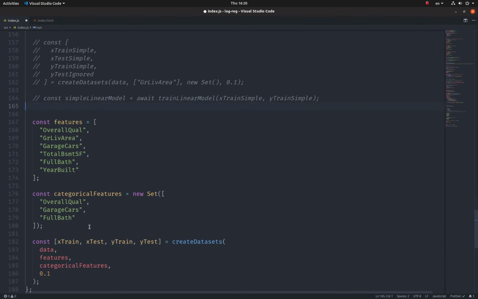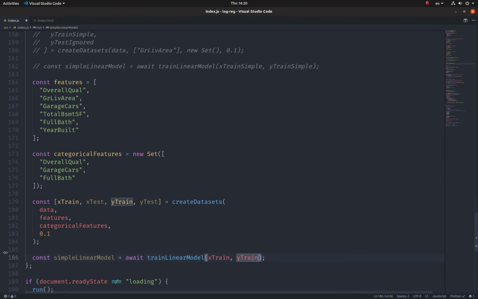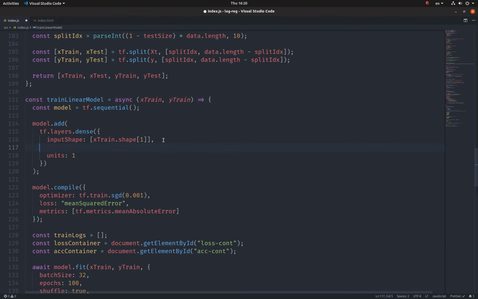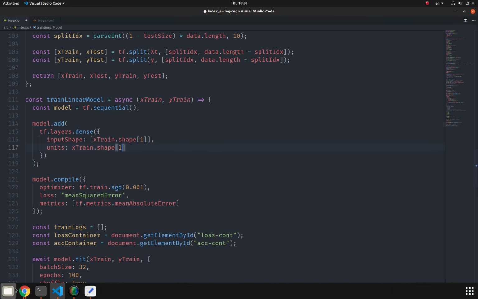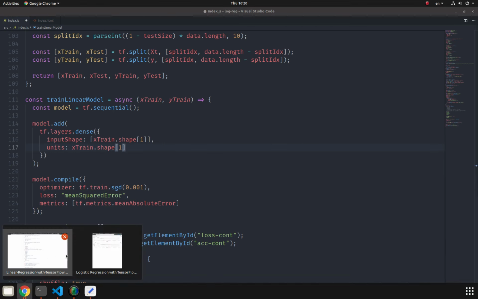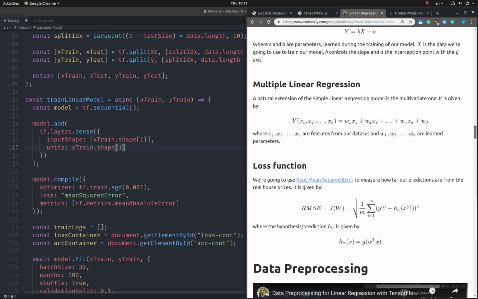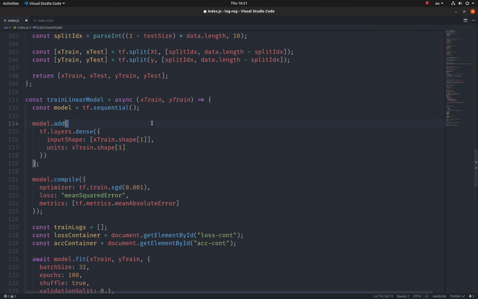Okay, and again I am going to call the train linear model, but this time I'm going to go to the train linear model, and in here I'm going to put in the number of units equal to the number of features, since, as you probably recall, multiple linear regression is defined by the number of parameters that we're trying to learn, and the number of parameters is equal to the number of features that we're using for our model. So let's see how our model is learning.